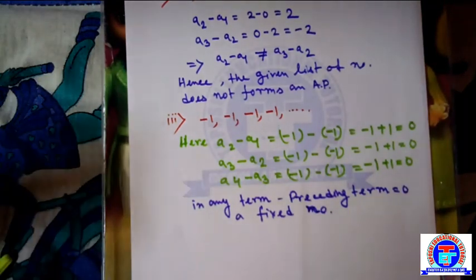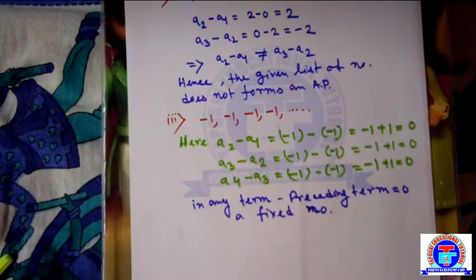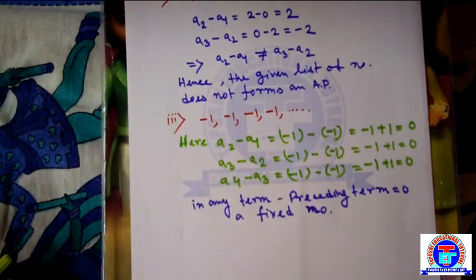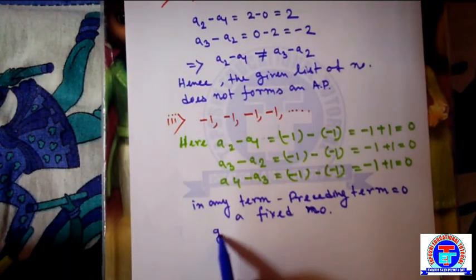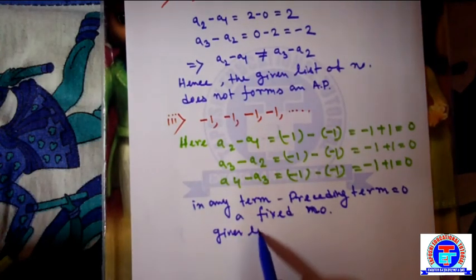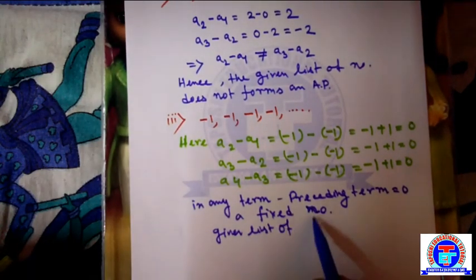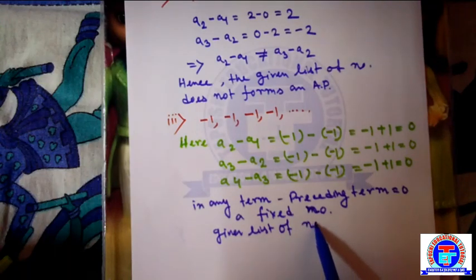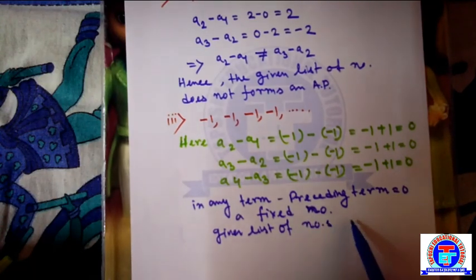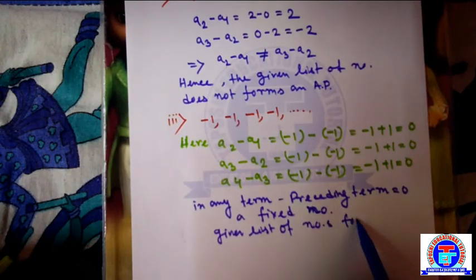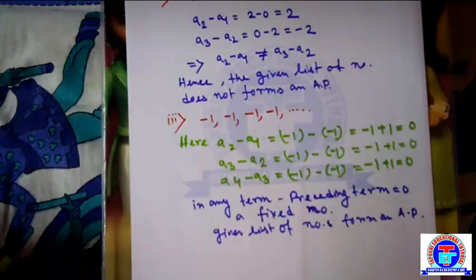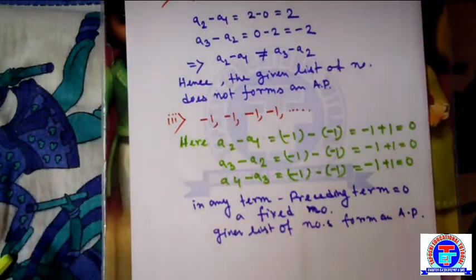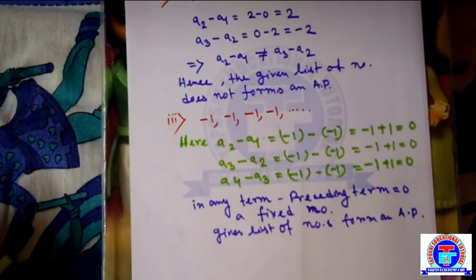Constant number. So the given list of numbers form an AP here. This also you understand very well.